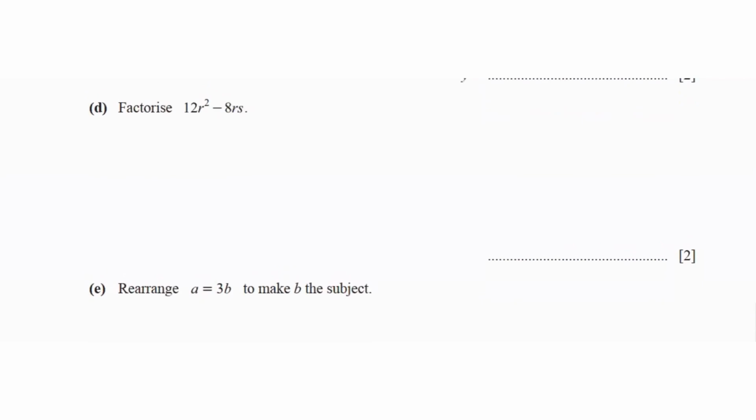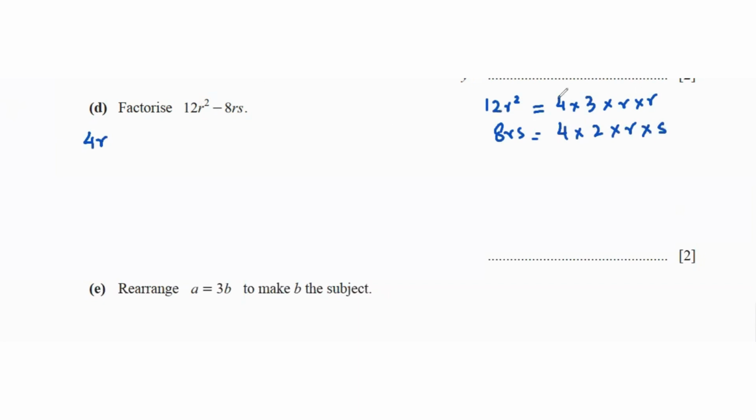Factorize 12r squared minus 8rs. Between these two terms, we have 4 and r common. Why? Because 12r squared is 4 times 3 times r times r, and 8rs is 4 times 2 times r times s.